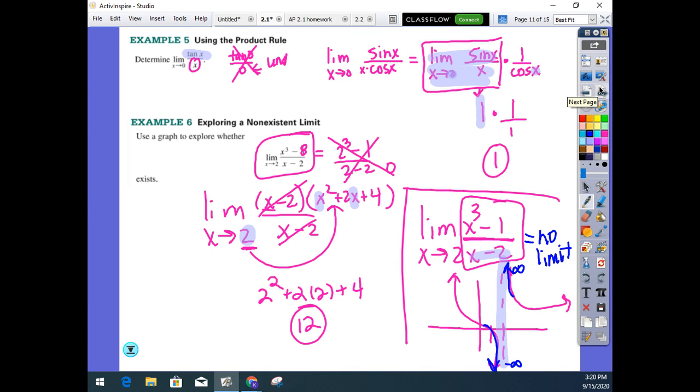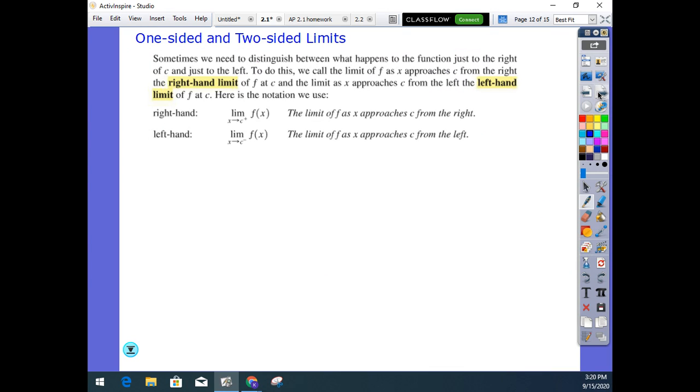So you must distinguish, is there a hole? Like here, if you cancel something from top to bottom, this is a hole. If there is a hole, the limit exists. If there's an asymptote, the limit does not exist. No limit. So we can look at limits from the left and limits from the right.